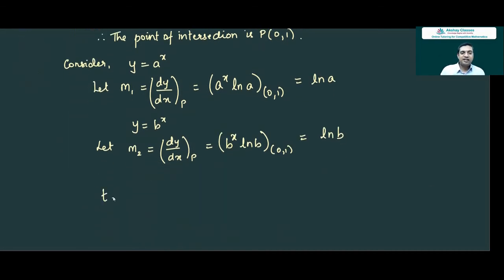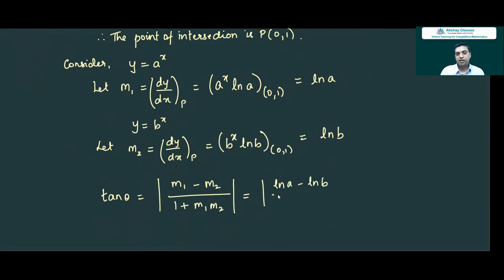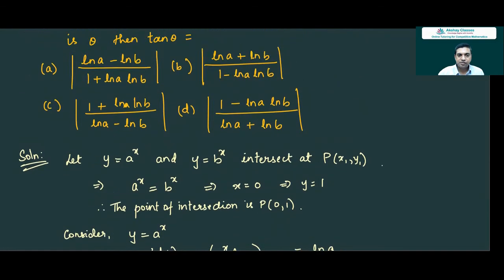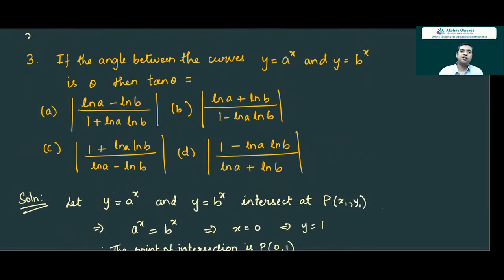So what is tan theta? Is modulus of M1 minus M2 by 1 plus M1 M2. So we get log a minus log b by 1 plus log a log b. So which is the correct option? The first option is correct.